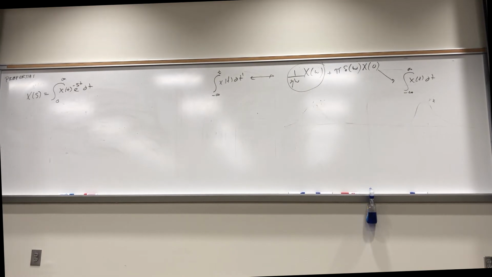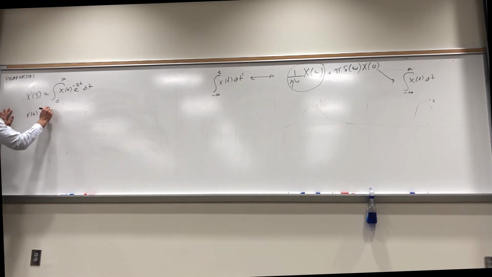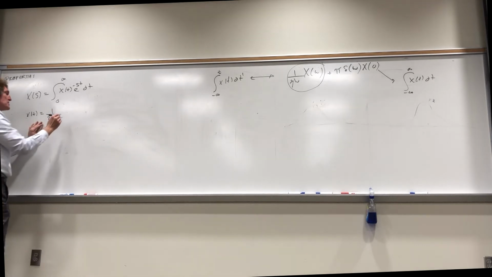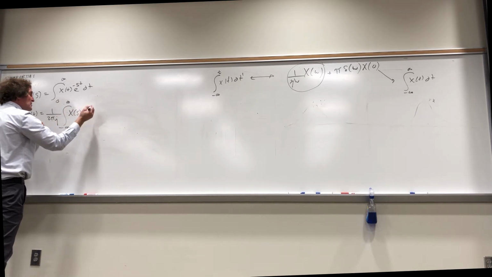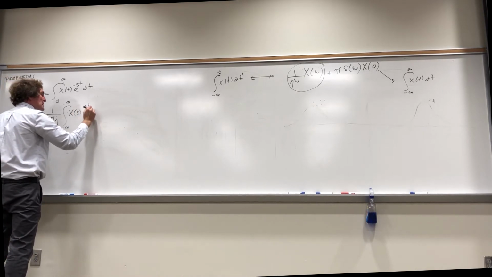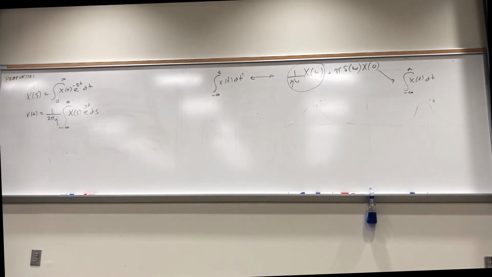We never did an inverse Laplace transform to get x of t. But if we wanted to, x of t technically is equal to 1 over 2 pi j times the integral from minus infinity to infinity of x of s times e to the st ds. This would get it, believe it or not. This is synthesis, or the inverse.